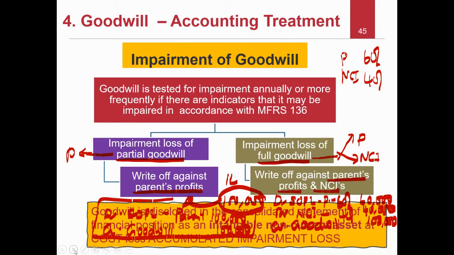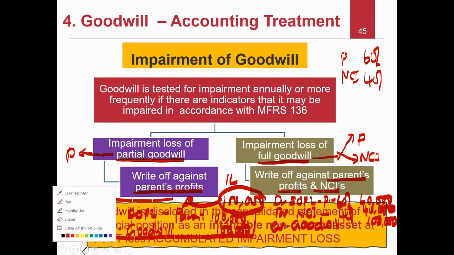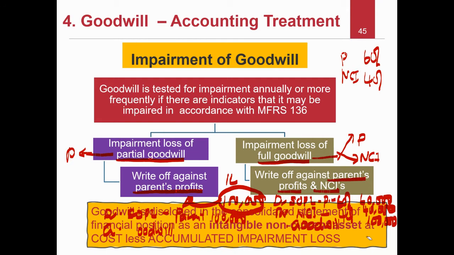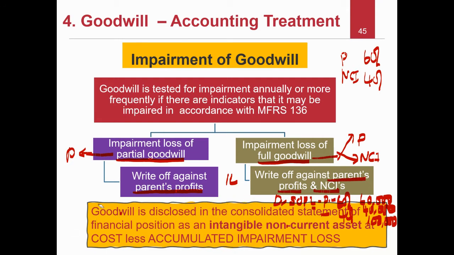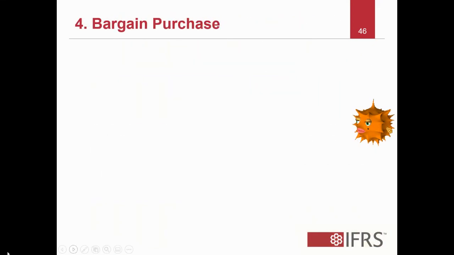then 60,000 and 40,000 respectively will be debited to the parent's profit and non-controlling interest. So again, for your information, goodwill in the consolidated financial statement is disclosed as an intangible non-current asset. You are going to disclose the carrying amount.